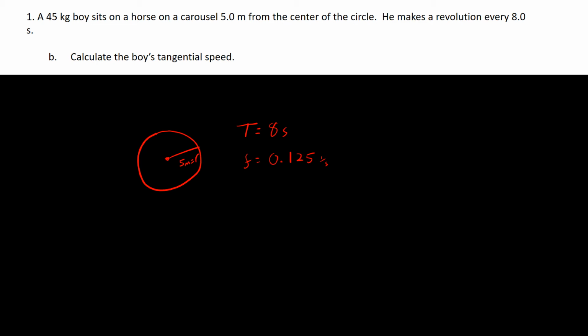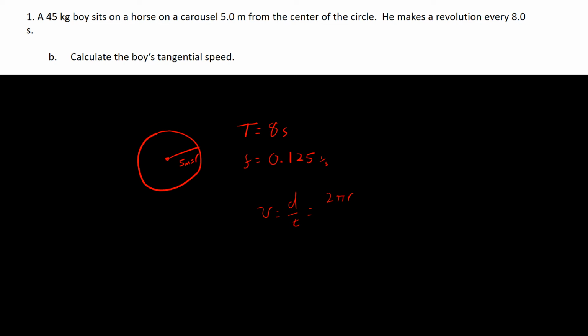So I'm going to get my little equation sheet out here. Remember that velocity equals distance over time. So you have to remember that velocity actually equals circumference over time, and the circumference of a circle is 2 pi r.